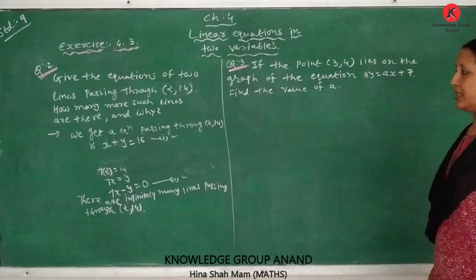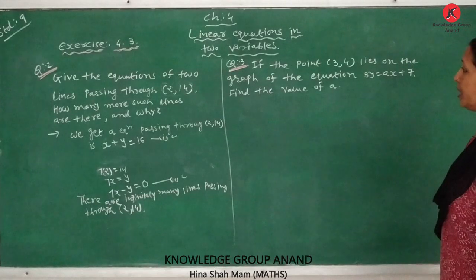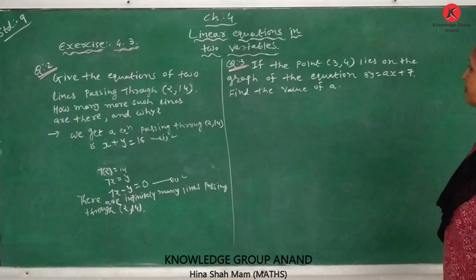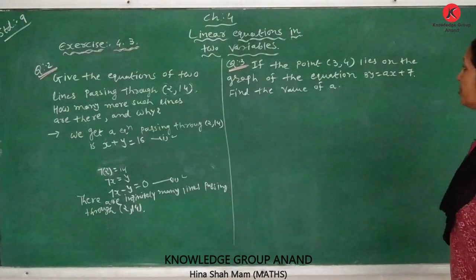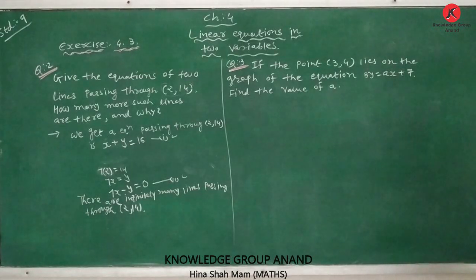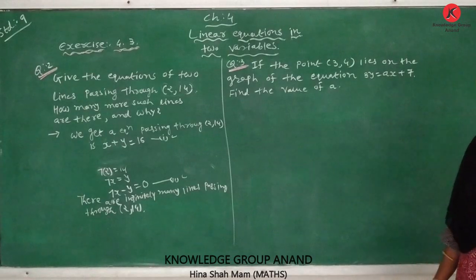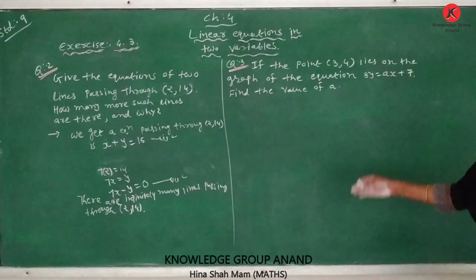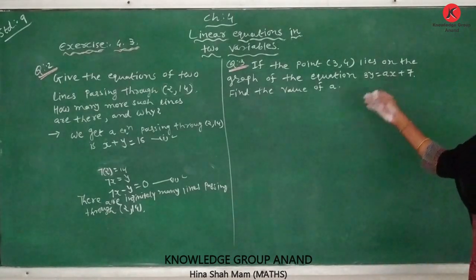Question number 3. If the point (3, 4) lies on the graph of the equation 3y is equal to ax plus 7, find the value of a. In exercise 4.2 we did these types of questions. Find the value of a.